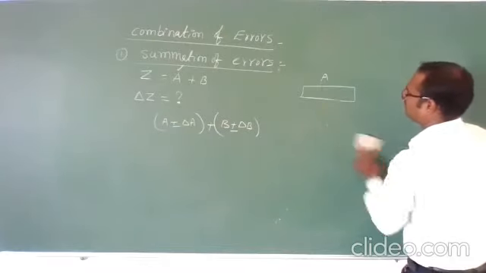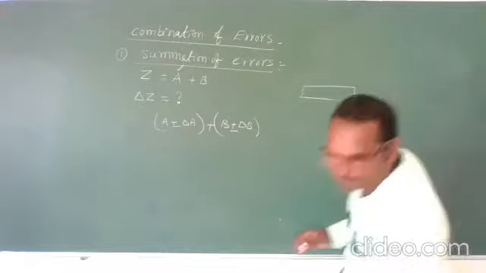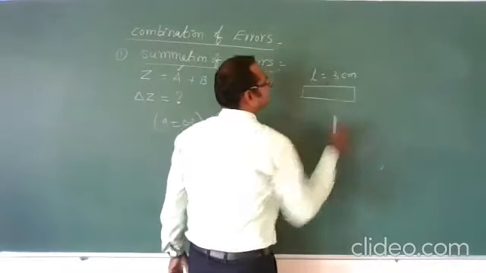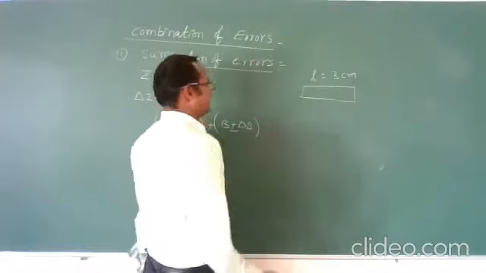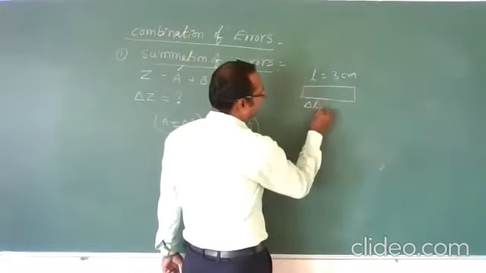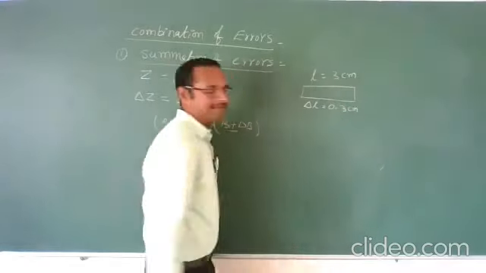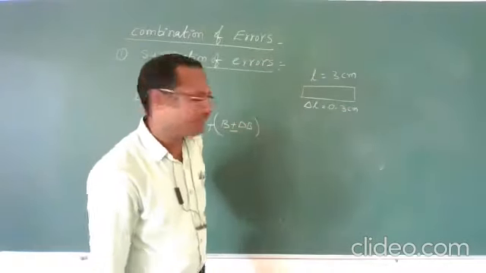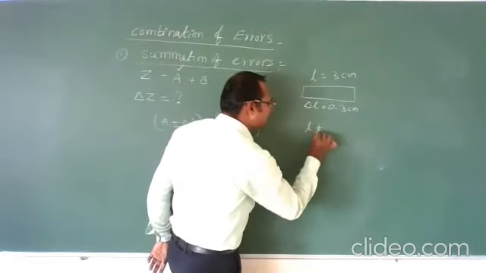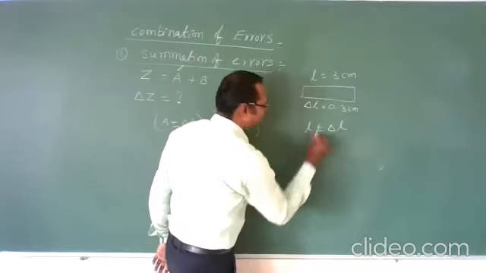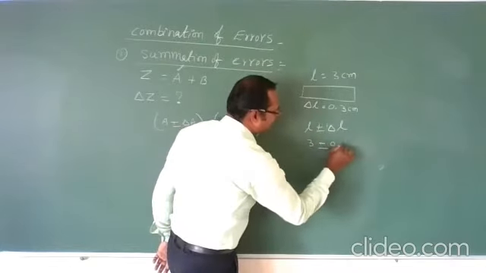So let us imagine this length is equal to 3 centimeters, and delta L is equal to 0.3 centimeter. Got it? Now you take L plus or minus delta L, which means 3 plus or minus 0.3.